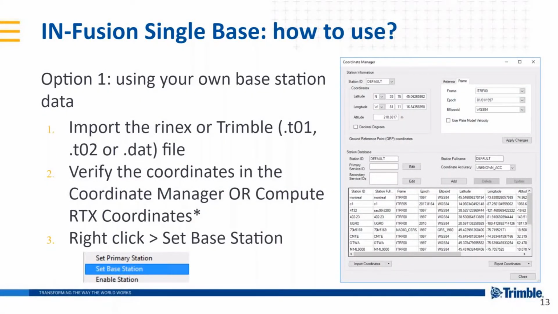How to use single base? To use single base, we have two options. Option one, you can use your own base station data. To do this, you need to import the RINEX or Trimble file, check the coordinates in the coordinate manager, or compute RTX coordinates, which we will introduce in the next slide.